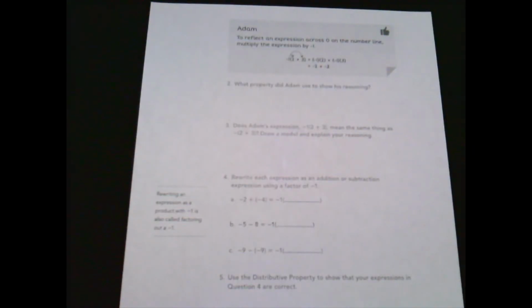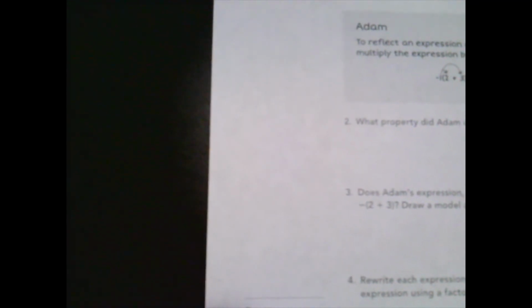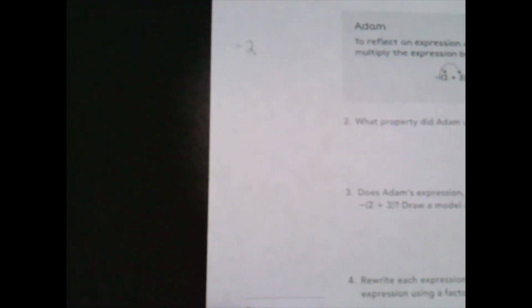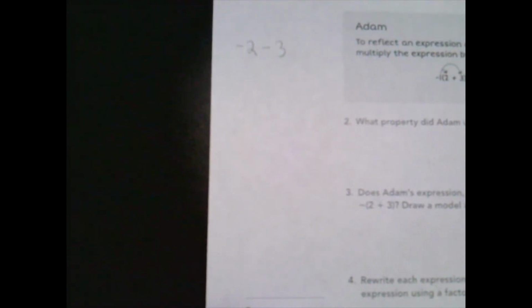So now we are on page 241. Now I'd just like to let you know and remind you about the difference between factoring and the distributive property. So if we were to have, for instance, negative 2 minus 3, we could factor out a negative 1 out of both of these.